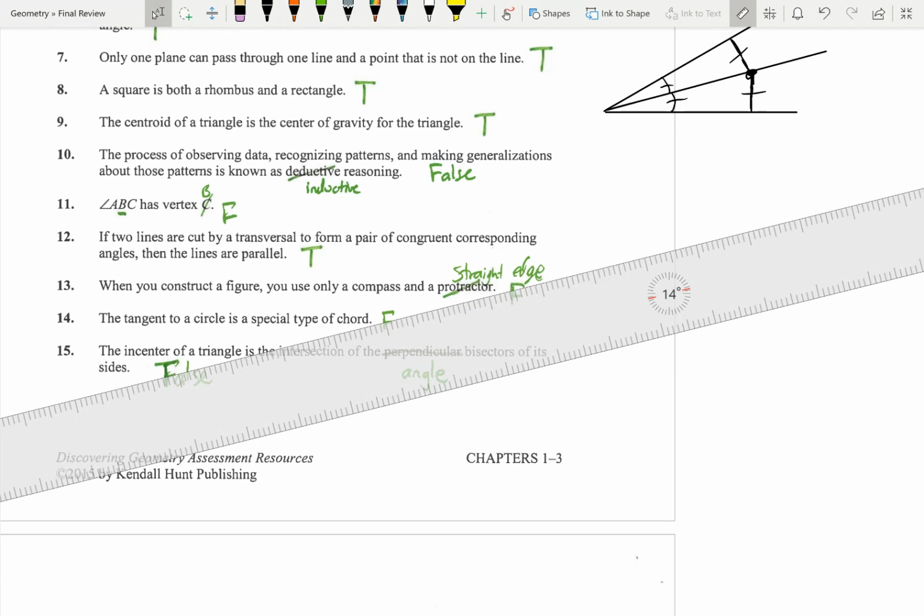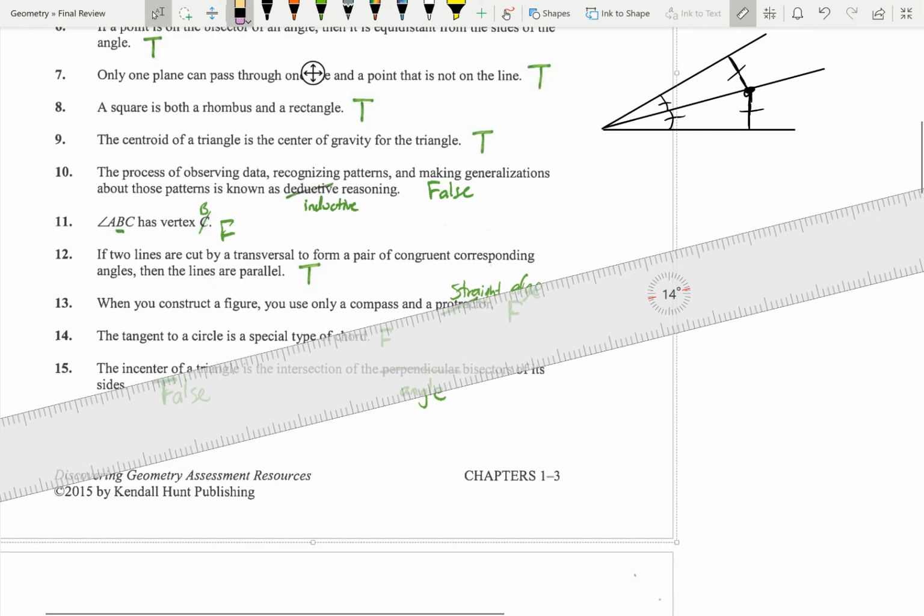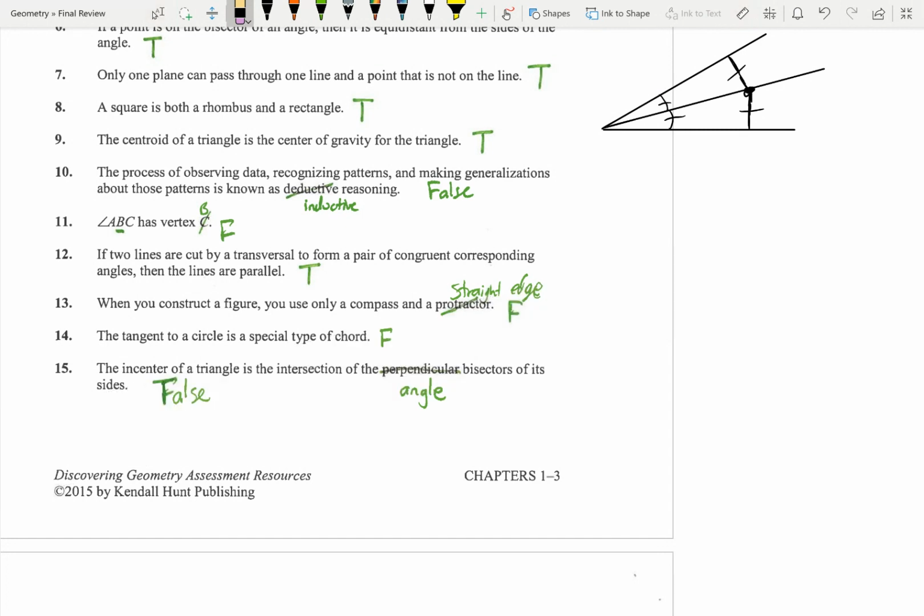Next one is only one plane can pass through one line and a point that is not on the line. And so that's an example of saying if you have a line, I'll just draw this, and a point not on the line.